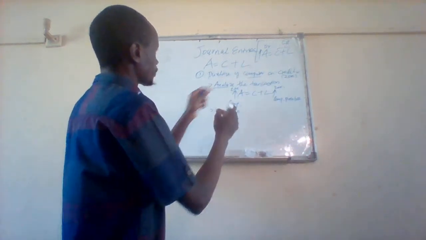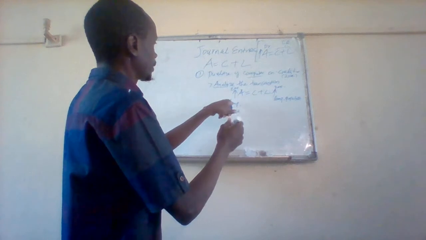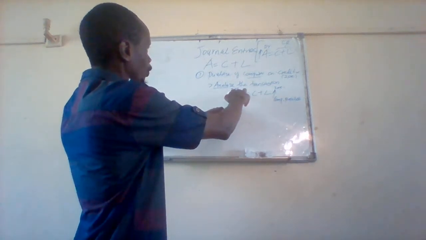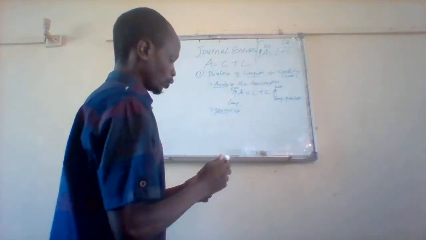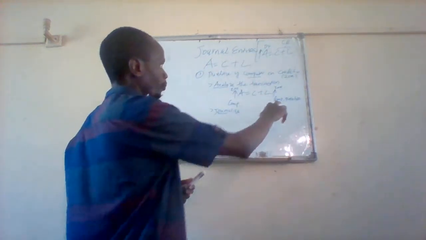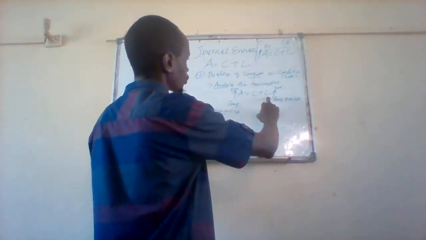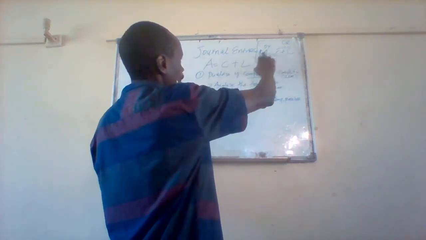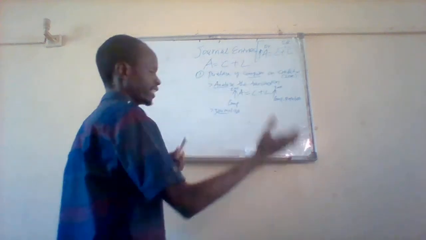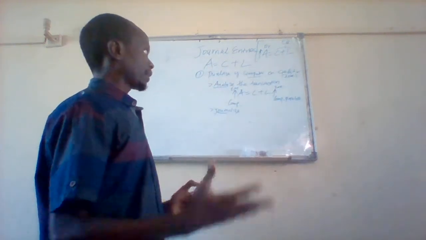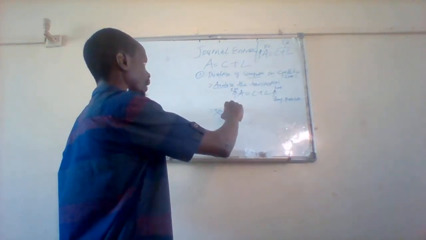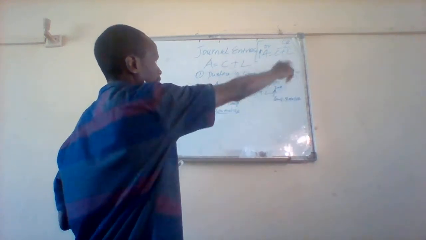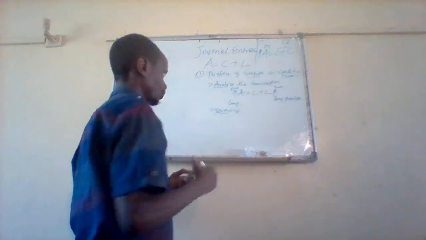We will debit computer account because asset has gone up. And computer payable, a liability, has gone up. If liability goes up, we credit. So there's a debit and there's a credit. We debit computer account, we credit computer payable account, which is a liability account.